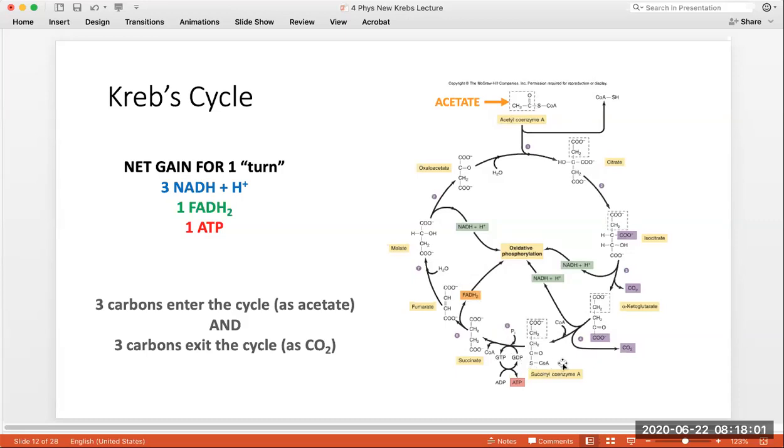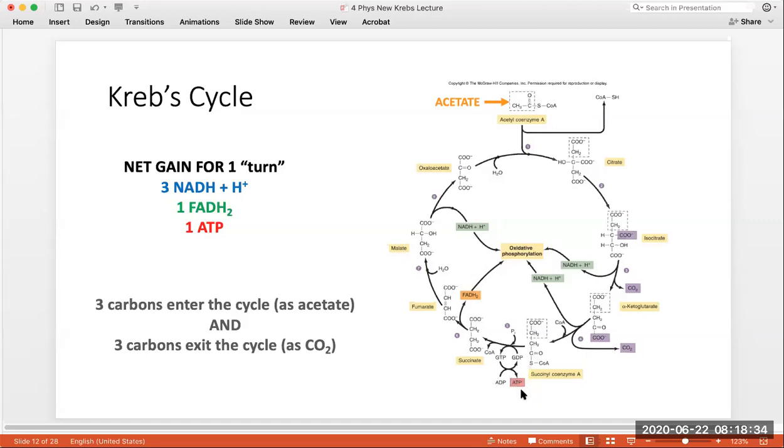So you go from succinyl coenzyme A, you add in a phosphate group, you lose the coenzyme, and that phosphate group gets attached to succinyl. That phosphate group is combined with GDP to make GTP, and then the phosphate group is pulled off of GTP and added to ADP to make ATP.